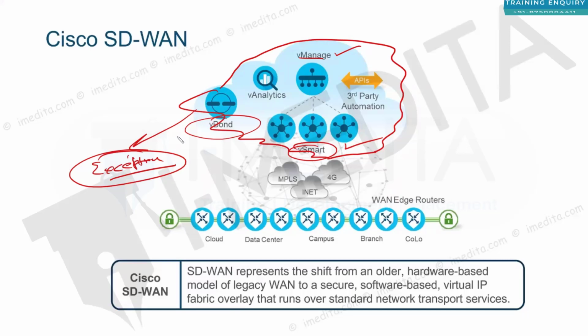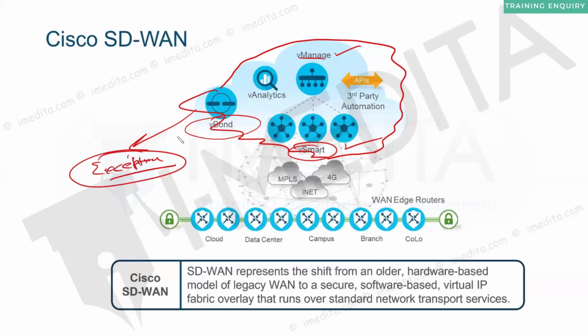But you can also recommend to your customer: why are you wasting that much money on hardware? Better that you go for a virtual vBond, because there is no difference in the functionality of a virtual vBond or a hardware vBond.